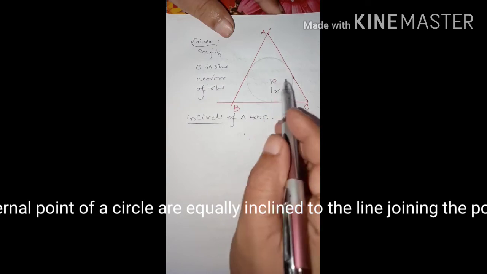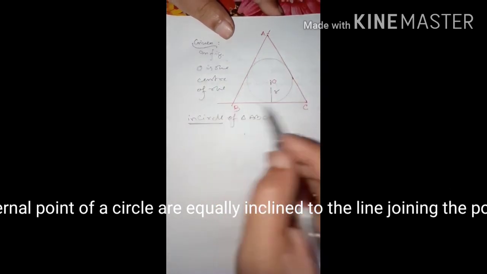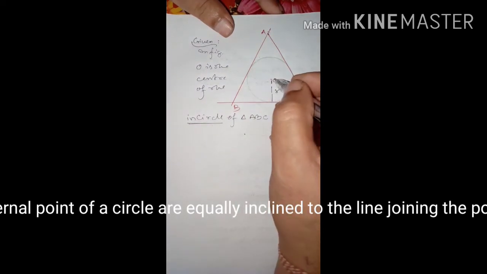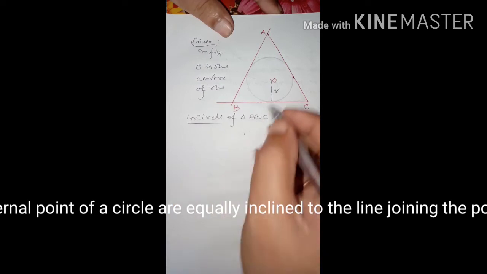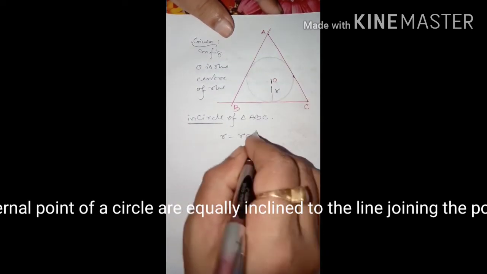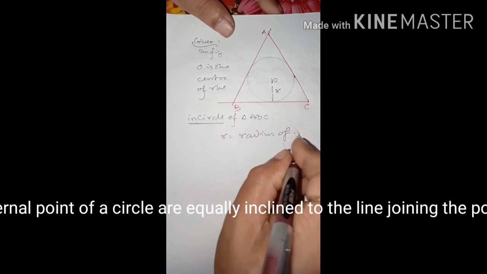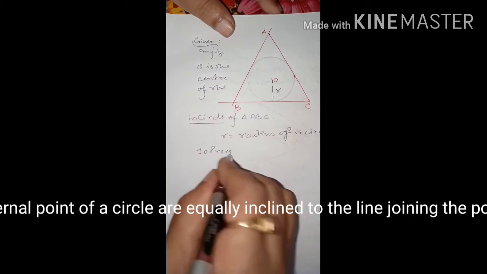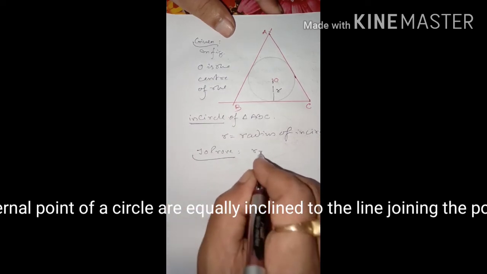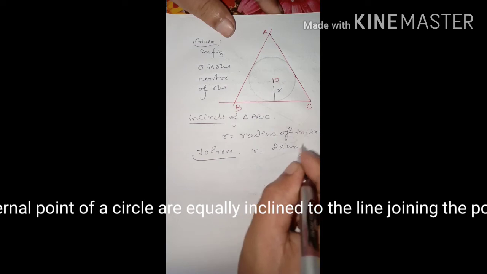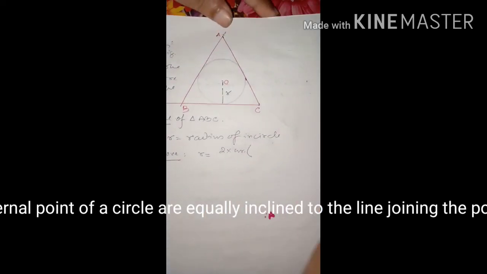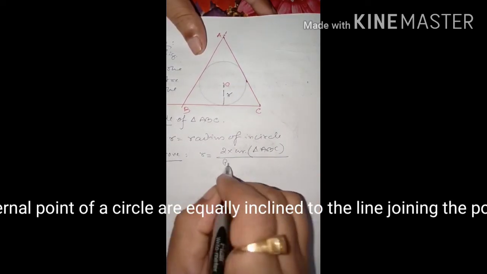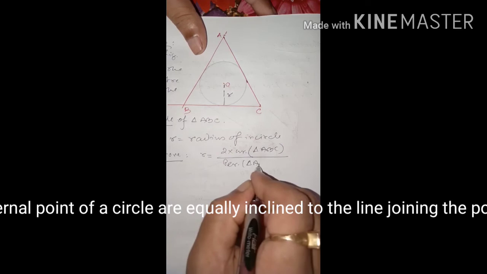So O is the center of the incircle of triangle ABC, and R is the radius of the incircle. We are going to prove that R is equal to twice the area of triangle ABC divided by the perimeter of triangle ABC.